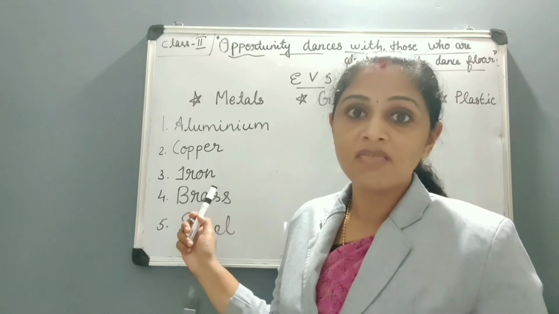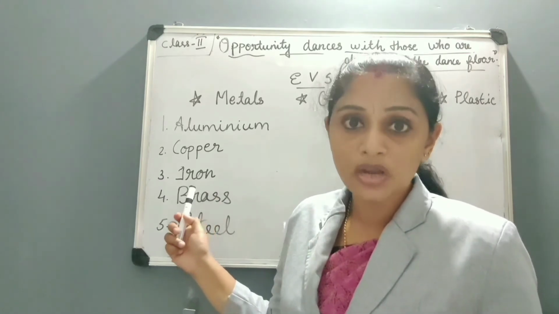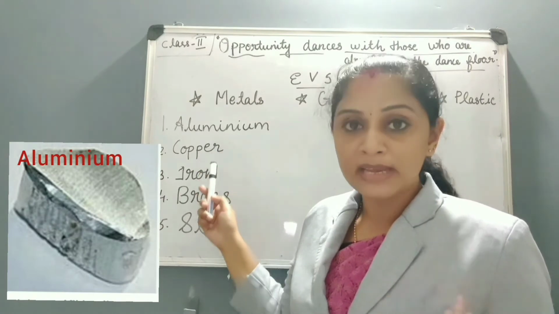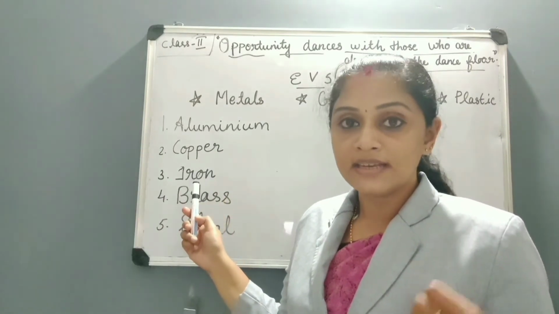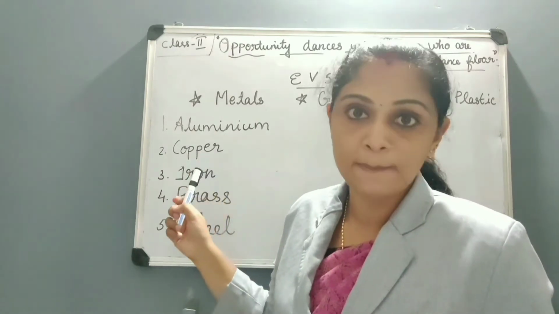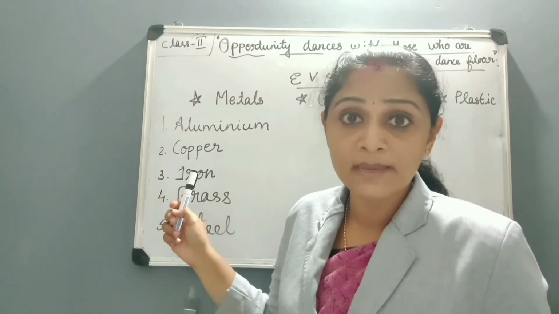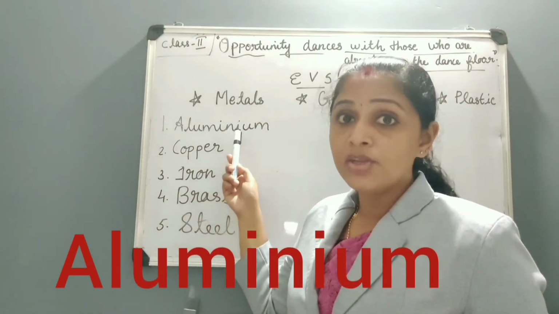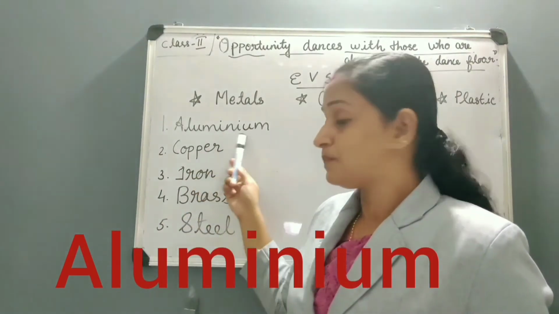Gold and silver are used for making jewelry. Then aluminium. Aluminium is used for making vehicles and kitchen utensils. Many things we can make by using aluminium. What is the spelling of aluminium? A-L-U-M-I-N-I-U-M. Aluminium.